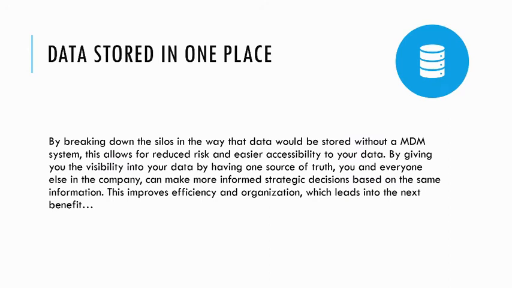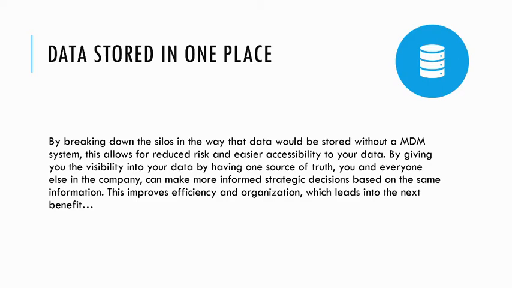So to expand on data being stored in one place, it reduces risk and makes it easier to access your data. By giving you more visibility into your data by having one source of truth, you and everyone else in the company can make more informed strategic decisions based on the same information.